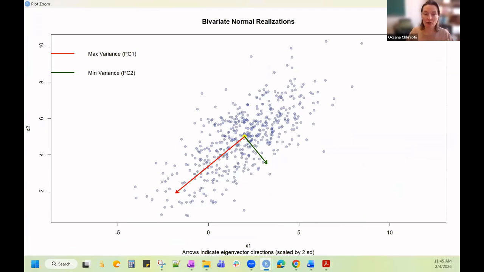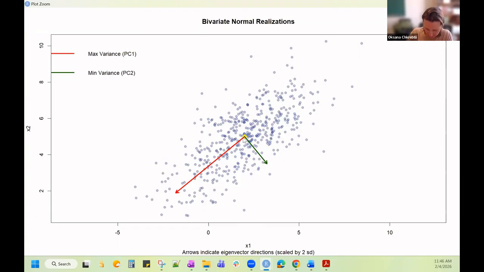All right, so hopefully you're seeing my screen. So here are 500 realizations from the bivariate normal distribution. The mean of the simulation is defined to be the vector 2 and 5. So you can see that's exactly where this yellow rectangle lies. And if you do an eigen decomposition of the covariance matrix, you'll find these two directions of maximum variation.